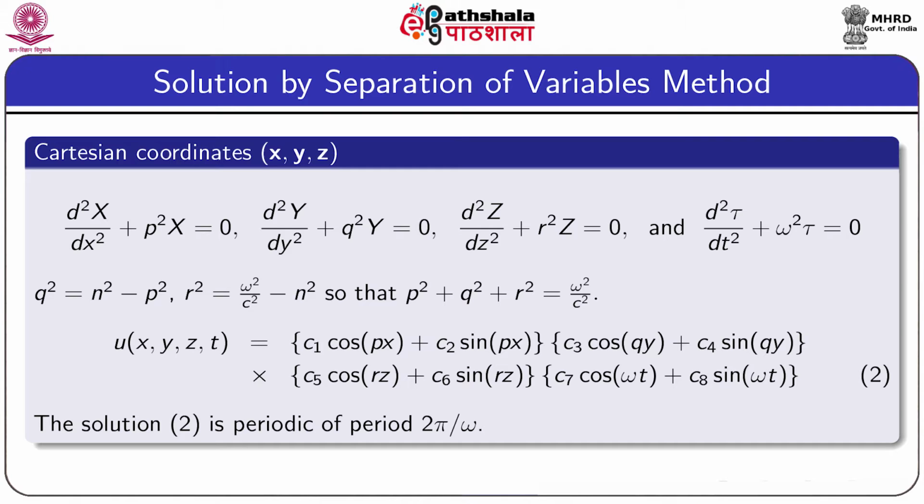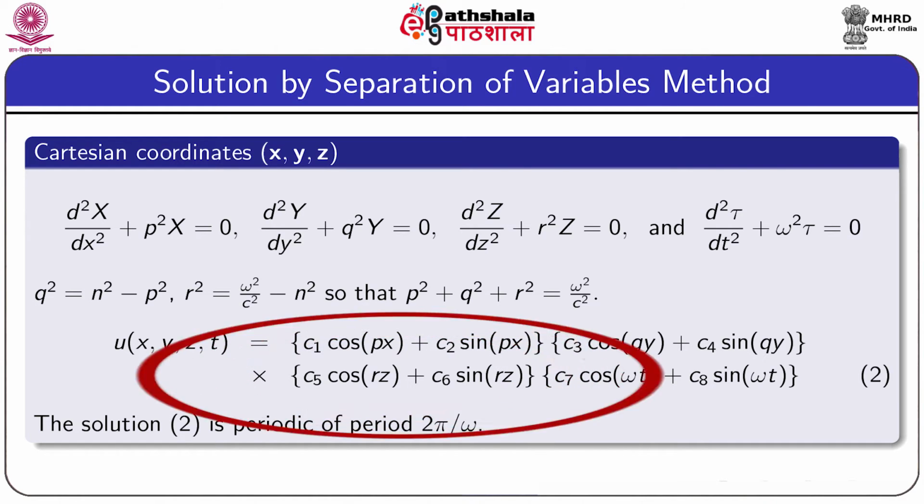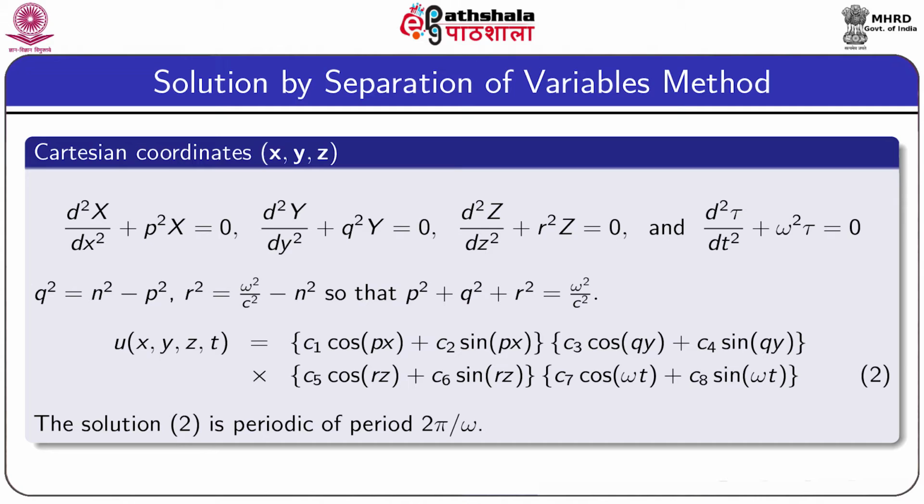So, the solution for Y can be written as capital Y equals C3 cos qy plus C4 sin qy, and the solution for Z can be written as capital Z equals C5 cos rz plus C6 sin rz, and the solution for tau can be written as tau equals C7 cos omega t plus C8 sin omega t.